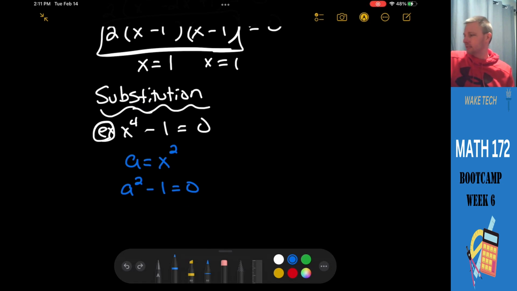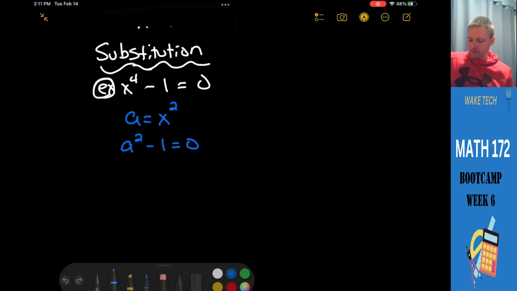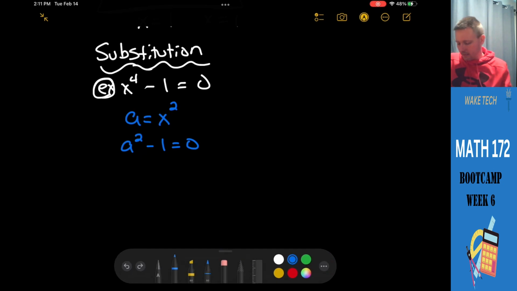We'll look at one in a second and I can emphasize that again. But take this exponent and half it, and then write it. I'm using a. You can use any letter, it doesn't matter, just don't use x. Half that exponent, and then that'll tell you your substitution.